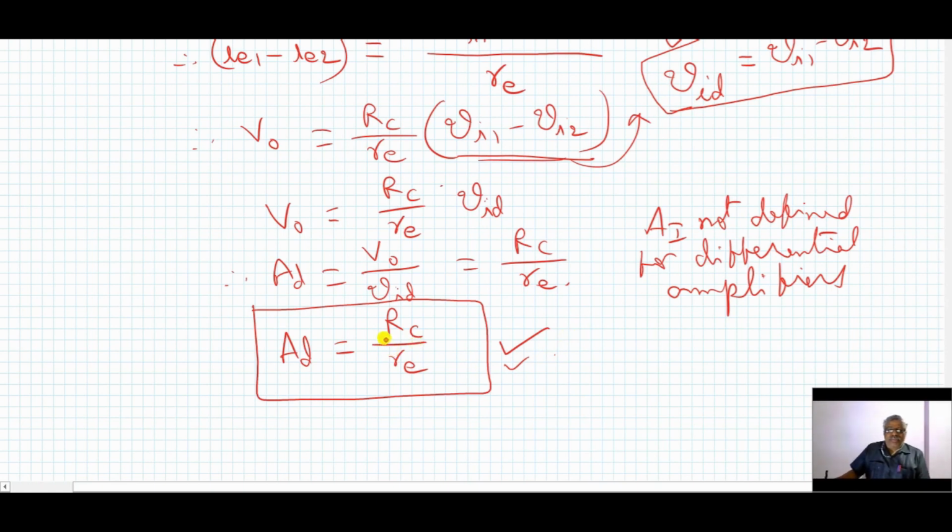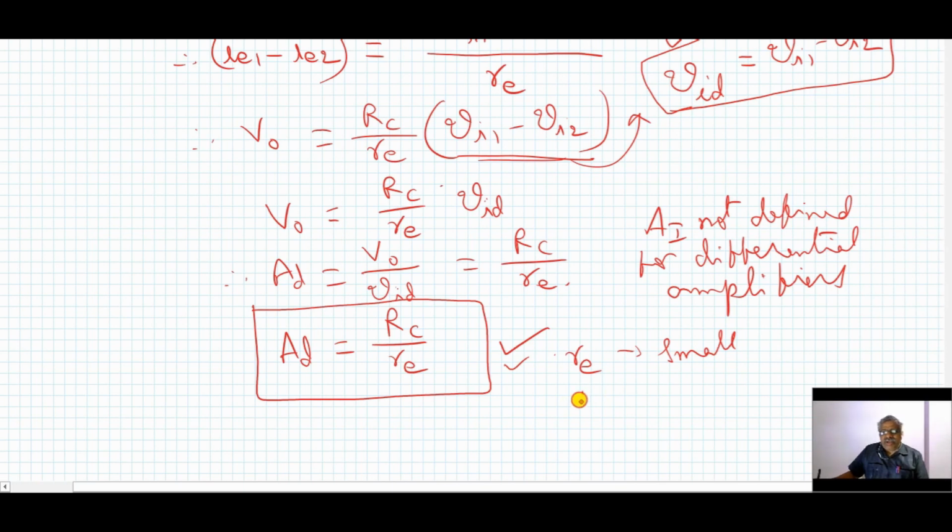If you observe, what is the value of Re? That is the dynamic resistance of the emitter region, which is generally very small. So the denominator is very small compared to the numerator. Then what will be the value of this differential gain? It will be very large.